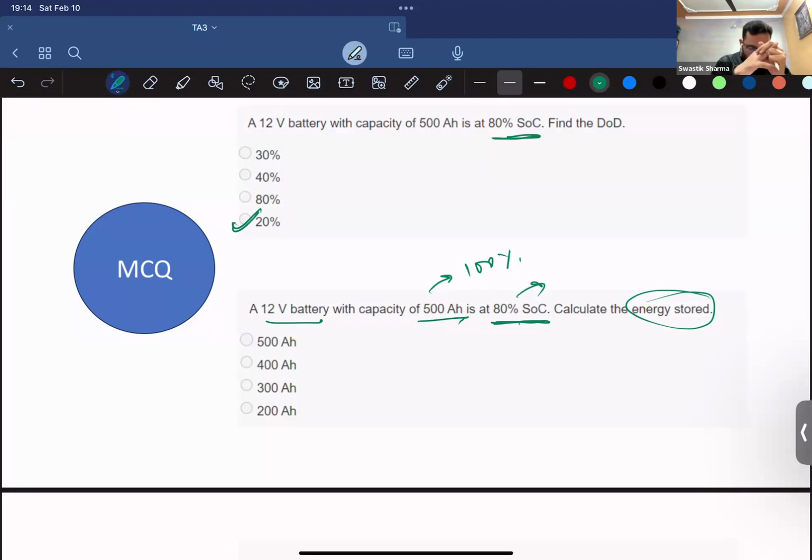Okay, 400. I got one for 400. Anyone else? 400. Correct. So it has 20% DOD. So that means it has used its 100 ampere hour of battery. So that means it's left with what? 400 ampere hour.